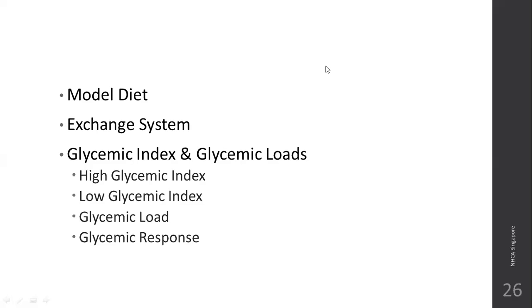Model diet: they have given you a 2000 calories per day diet example for a person who is diabetic. They have given North Indian as well as South Indian mixed menu here. They have given you options also on page number 456, table 34.18, a model diet for child with diabetes. 2000 kilocalories is the target here.